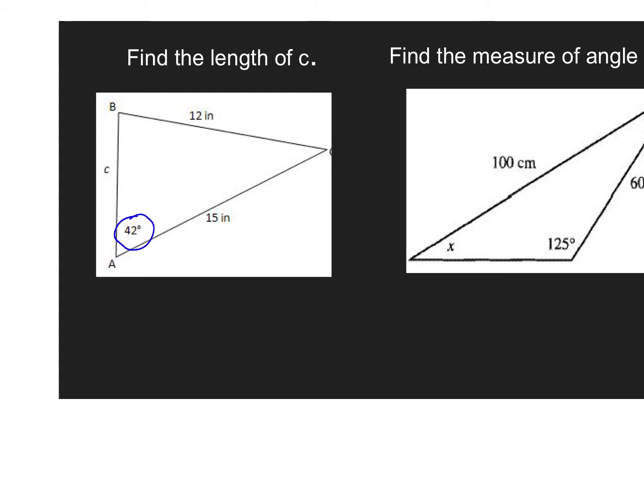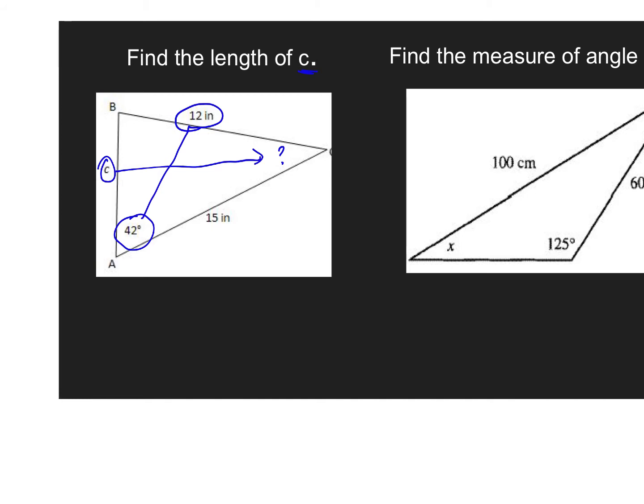So now I need to figure out the length of C. This is going to be slightly problematic because I know that this length is C, but I don't know what that opposite angle is. That's a problem.